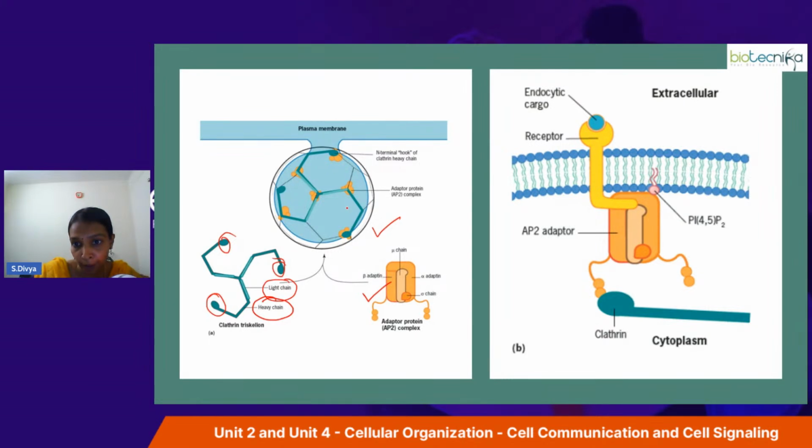The mu chain which is present over here will be connected to the receptor. The beta chain will be connected to the Clathrin. And how will this adapter be recruited to the membrane? With the help of a lipid molecule known as PIP2. Okay, this is how the receptor to Clathrin coated pits is being connected. Now, based on this, I have another question for you.